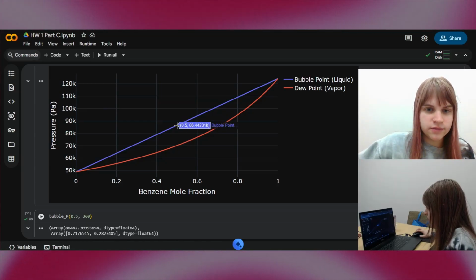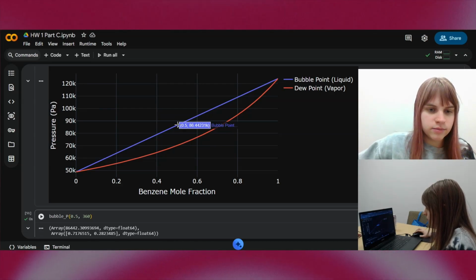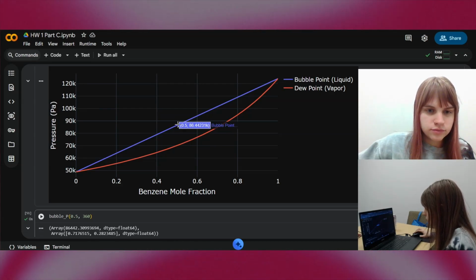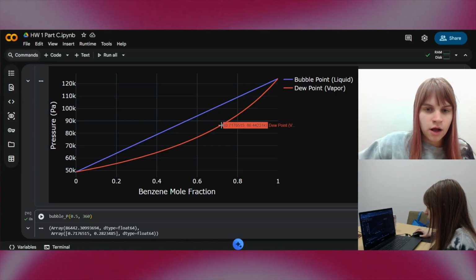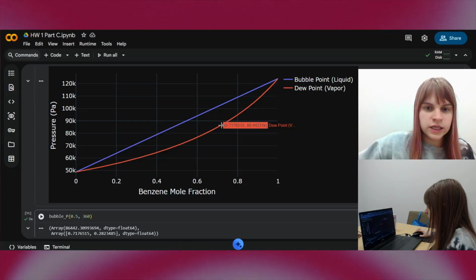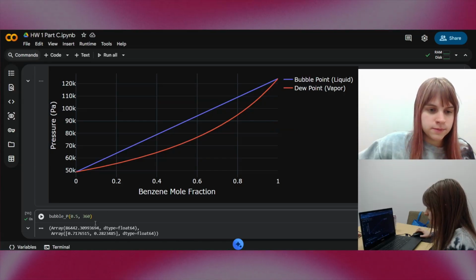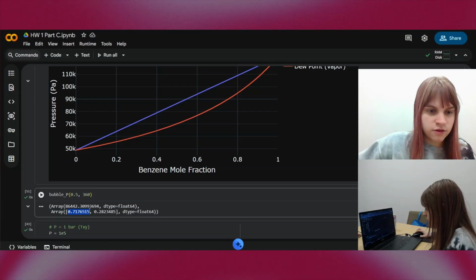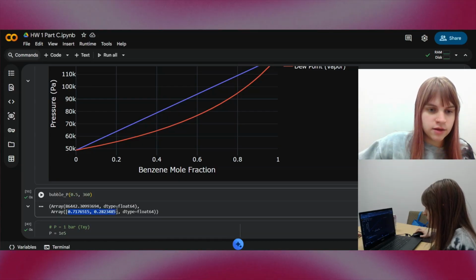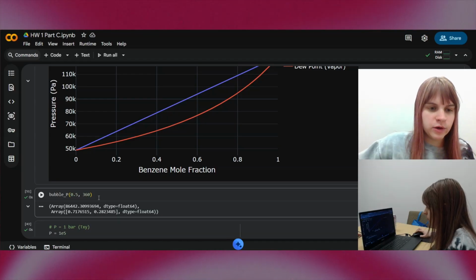It even has it labeled, that is the bubble point for that mole fraction. And if you follow this to the right, you get the corresponding vapor mole fraction for benzene, which is about 0.72. That gives it to us right here in this array, and the 0.28 is the toluene vapor mole fraction.